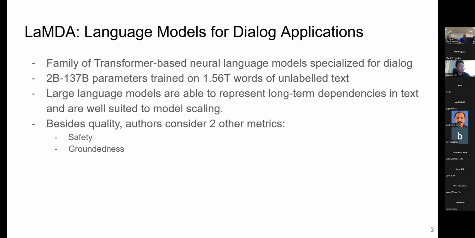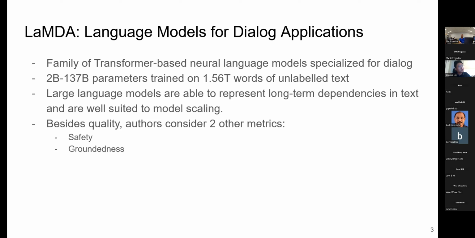Blenderbot has the 3 billion parameter variety and the 175 billion parameter variety. Here in Lambda, you have a range of model sizes from 2 billion parameters to 137 billion parameters. These have been trained on 1.56 trillion words of unlabeled text. So that's a really large data set.